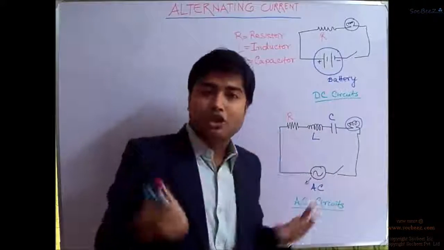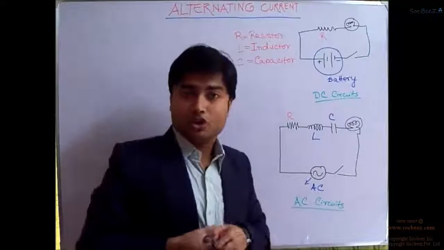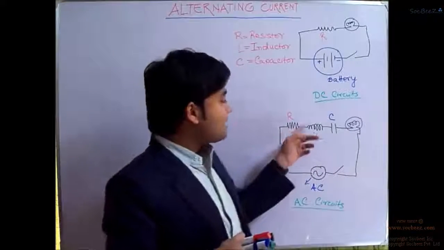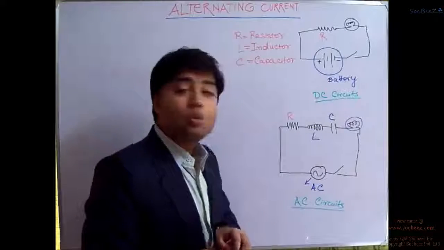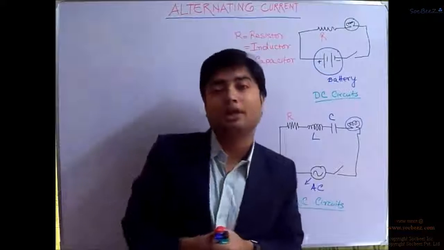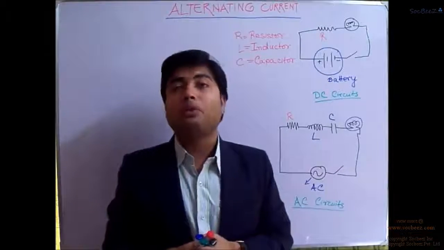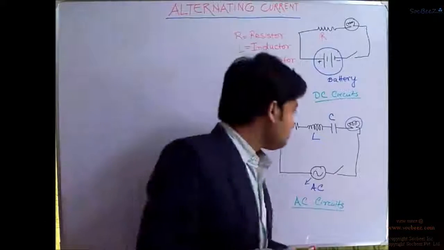It could be the combination of all, or only single and individual. So these are the components which could work under AC circuits, and obviously in the entire series on alternating currents, we are going to take a look at those.